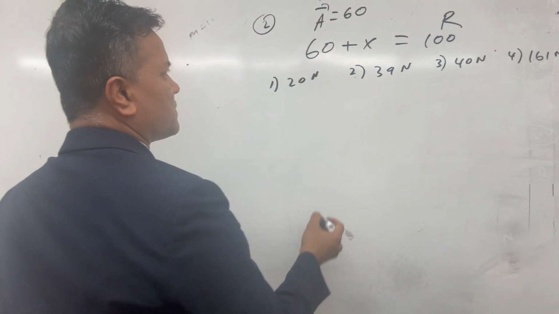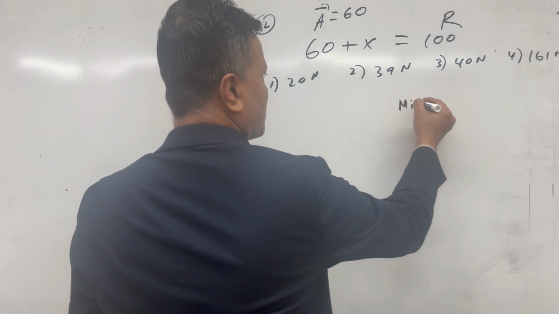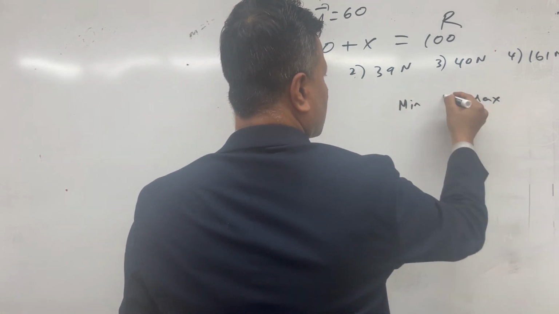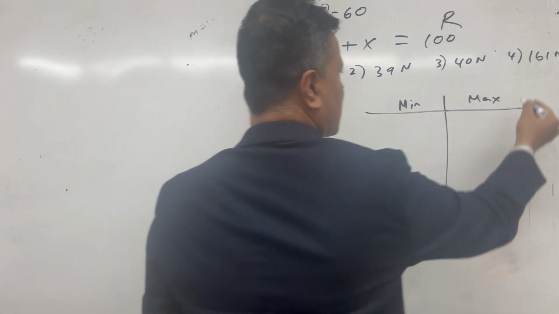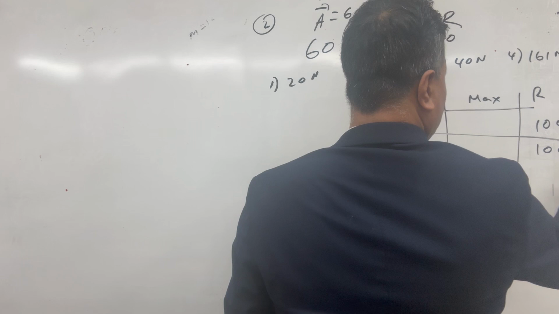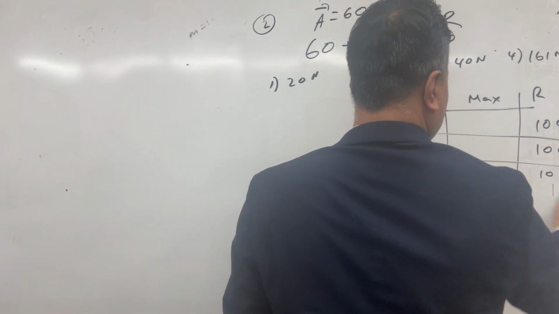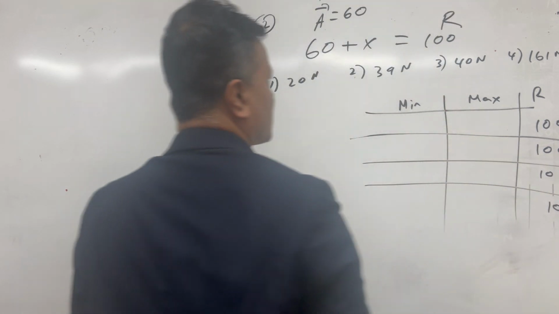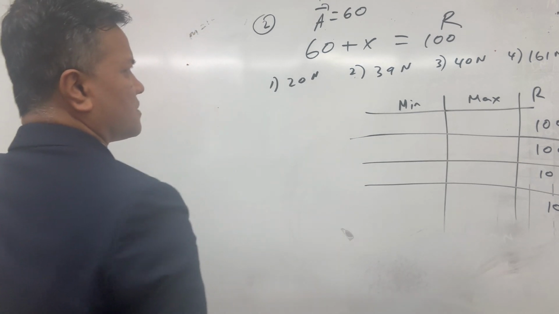Now, it's very simple. You can write max or min, and your resultant has to be 100. Let's see which combination gives you 100.